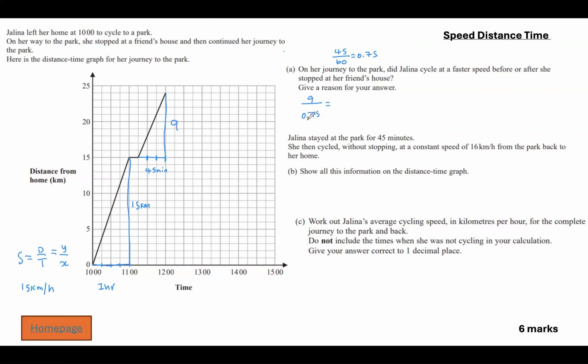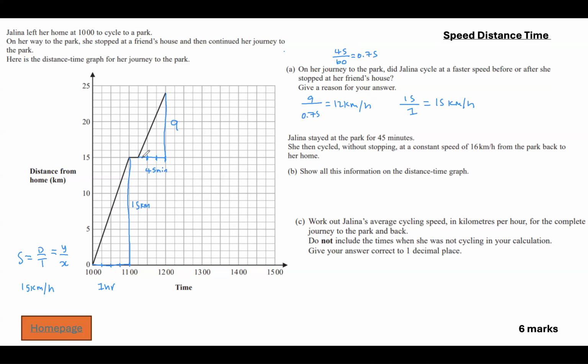So we can do 9 divided by 0.75, whereas previously we did 15 divided by 1, which we got 15 kilometers per hour. Here, 9 divided by 0.75 gives us 12 kilometers per hour.